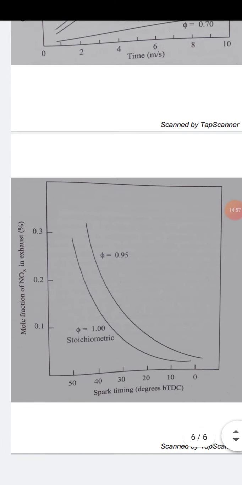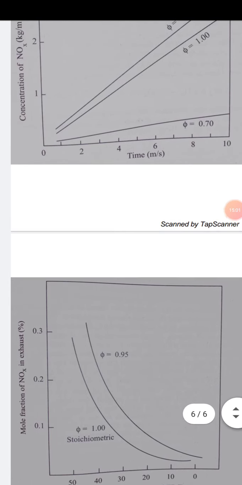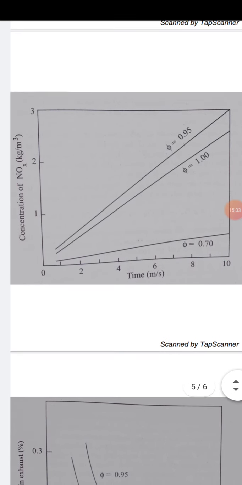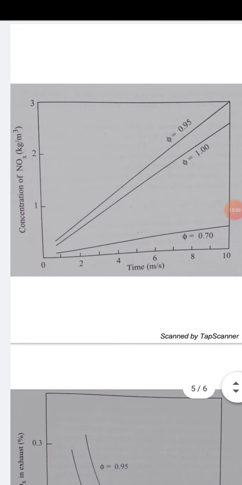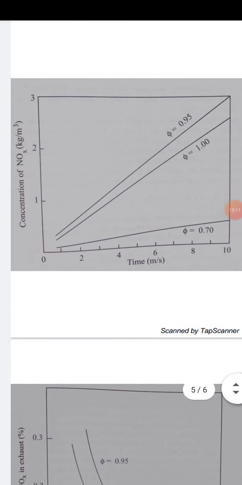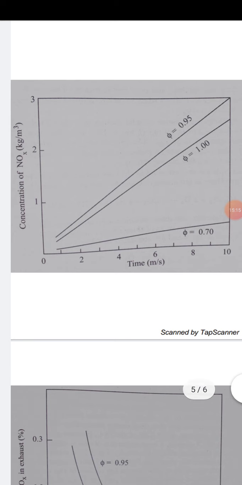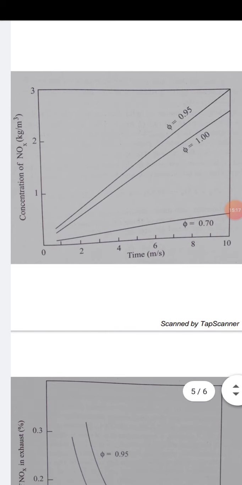From this figure, it shows the NOx emissions, where the x-axis is time and the y-axis denotes the concentration of NOx.